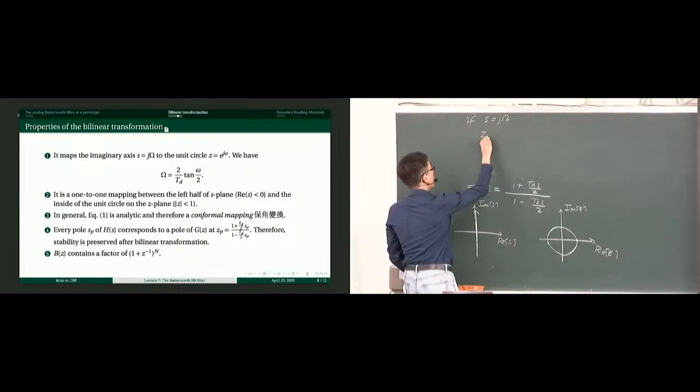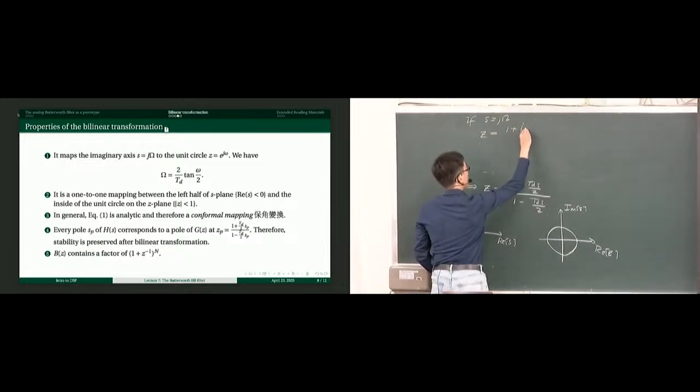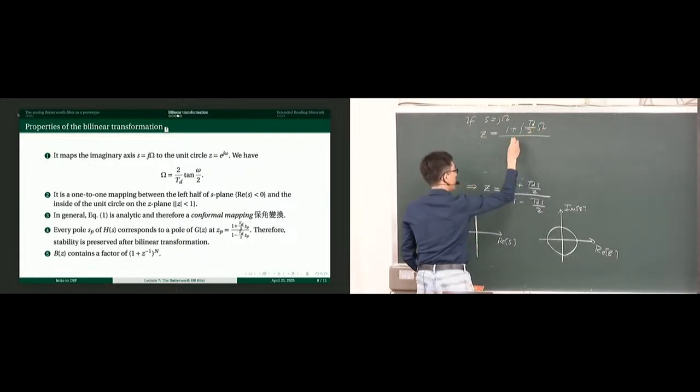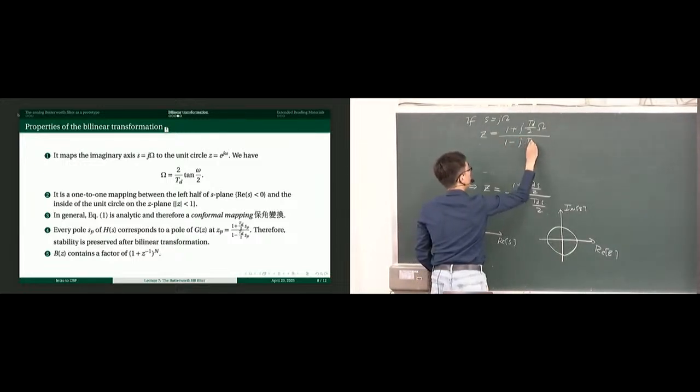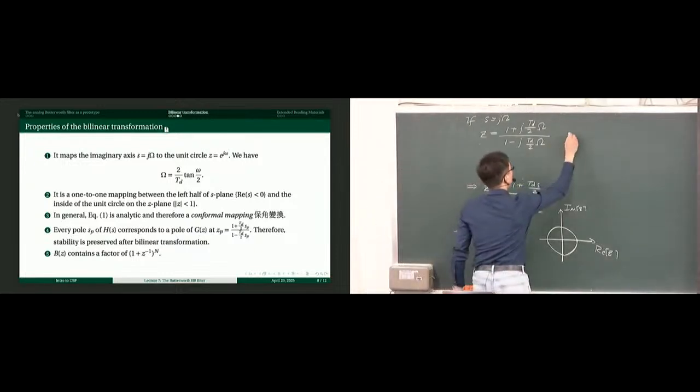Then here we get Z equals (1 plus j T_d over 2 times big omega) divided by (1 minus j T_d over 2 times omega).